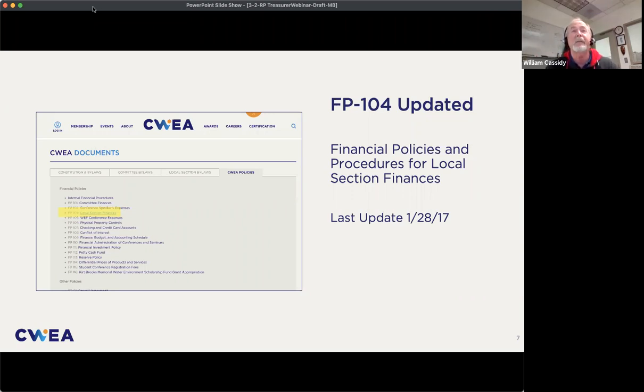So there are some steps to go through to find it on our website, and that's the best approach. If you just try typing in searching policies, it will not get you here. So it's under About, Leadership Resources, CWEA Policies is the pull-down way of getting to this page, and then clicking on the CWEA policies tab there.